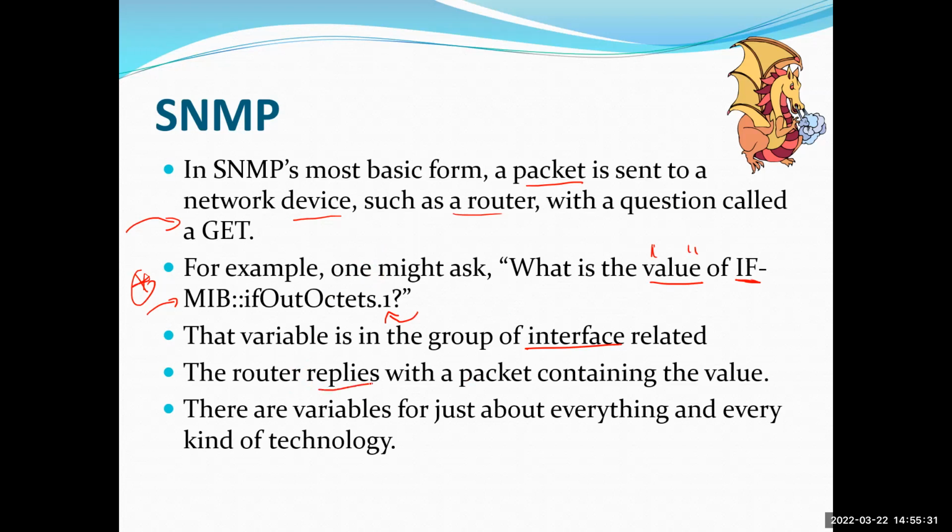So the router replies with a packet containing the value. Now, keep in mind, since we're talking about a service running on Linux, we're going to have port numbers associated with these. We'll talk about those in a second, but that's an important concept to be aware of.